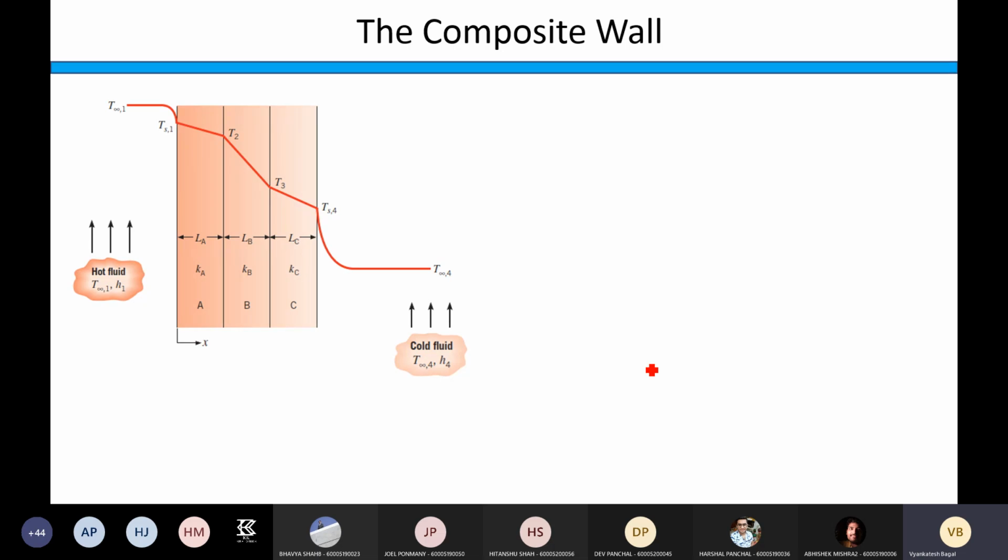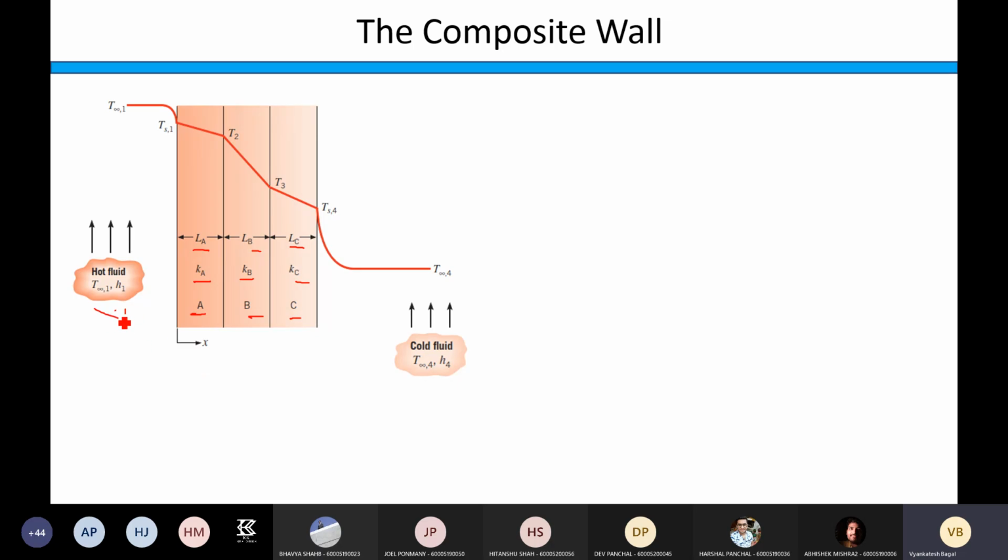So consider these as three walls, wall A, B and C, having thermal conductivities ka, kb and kc. These three are of different materials and you can assume different lengths or thicknesses, La, Lb and Lc.